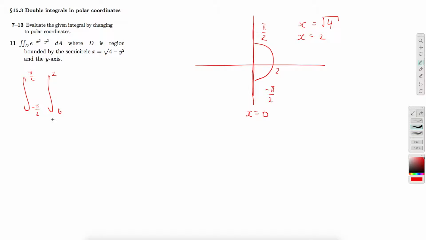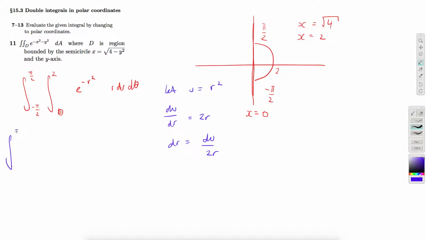All right. That should be a 0. And then we know that that is just going to be minus r squared r d theta. All right. Then we go, let u equal r squared. du dr equals 2r, therefore dr equals du over 2r.